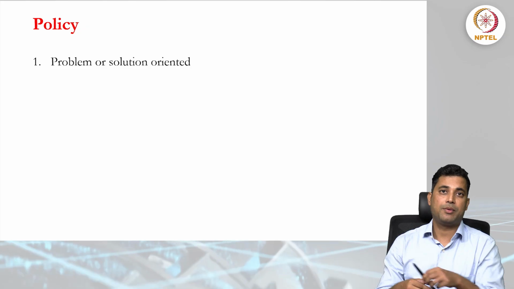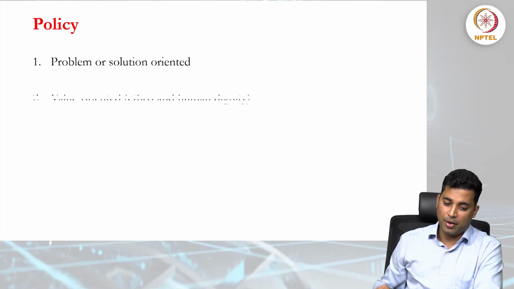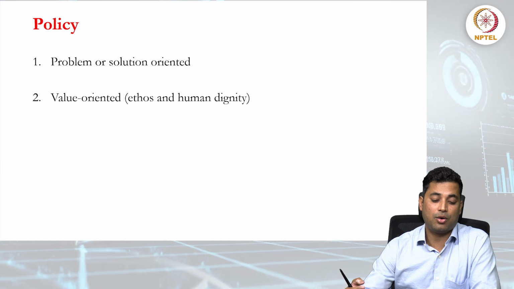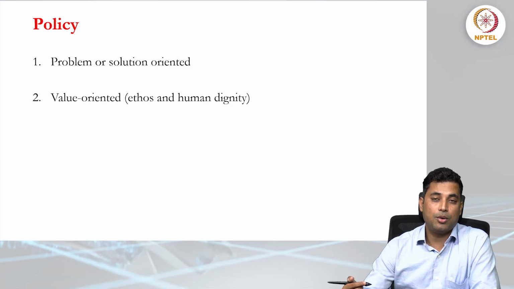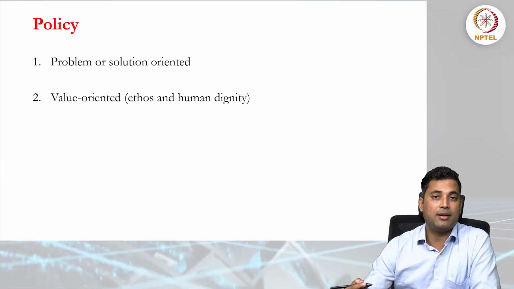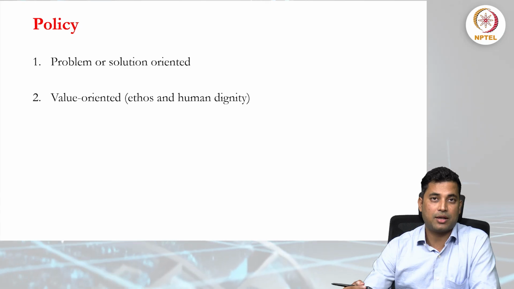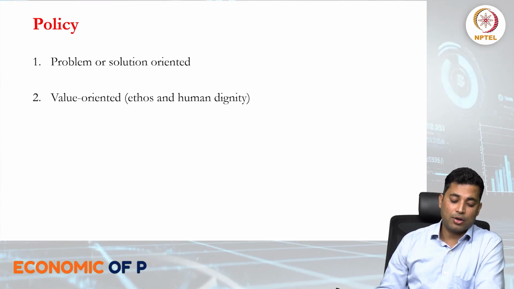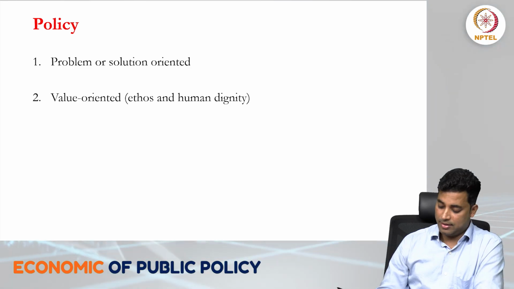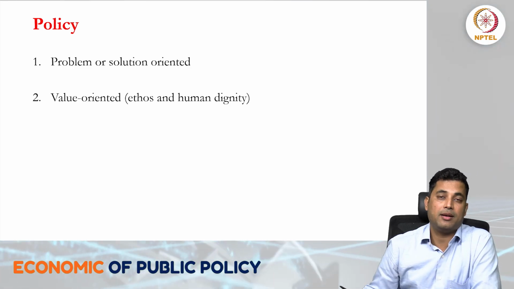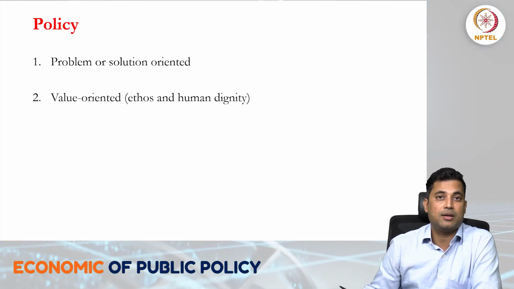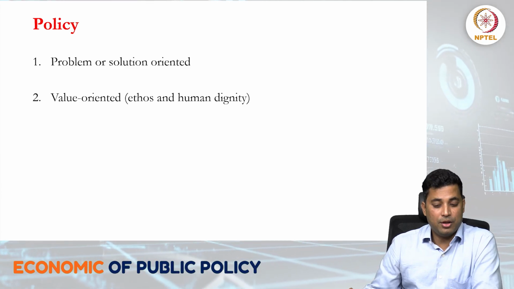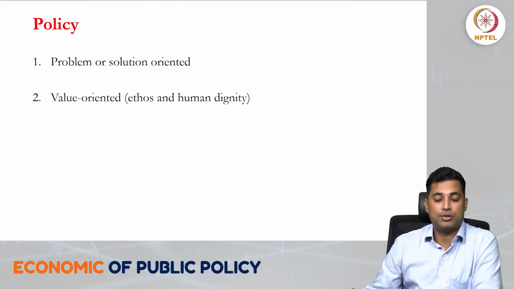Further, the point is whether policy is problem oriented or solution oriented. Identifying a problem and then providing the solution is also considered part of policy. It is also value oriented: ultimately we are trying to achieve certain goalposts, and ethos and human dignity are also important.